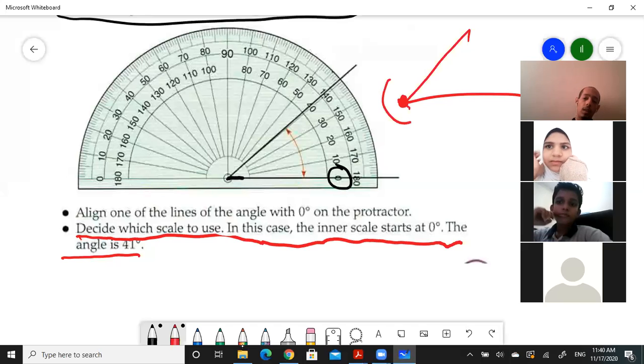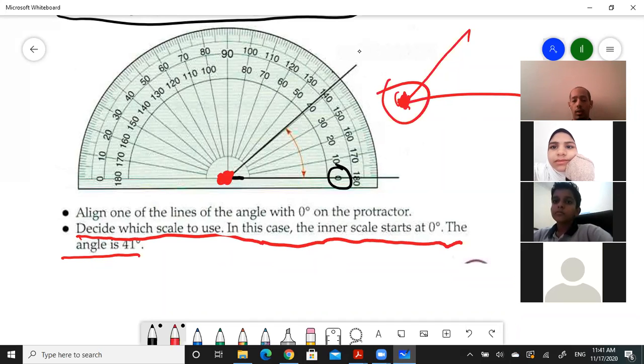Then you have to place this point to the center of the protractor. Where is the center of the protractor? It is in the middle here. Okay? So that's why we have placed it here. Then you have to align one of the lines of the angle.